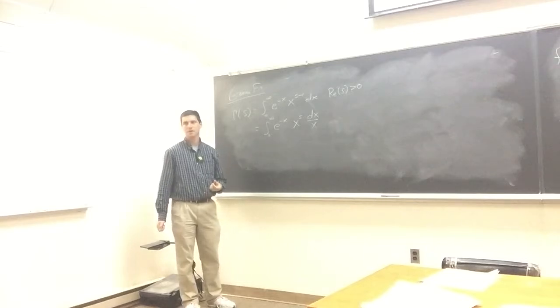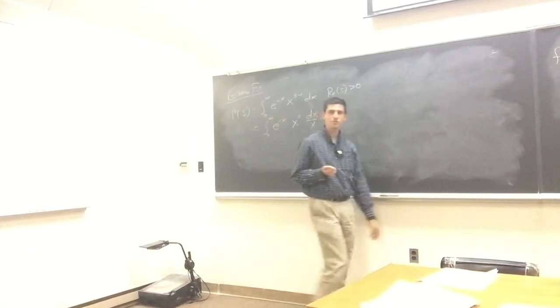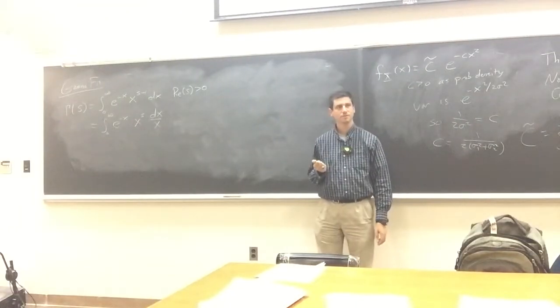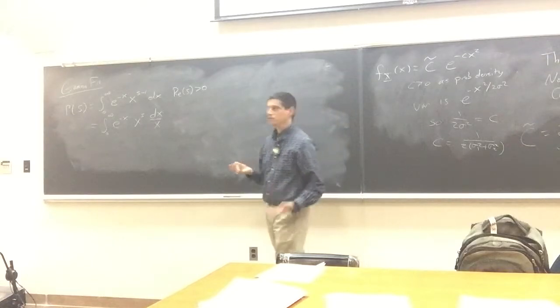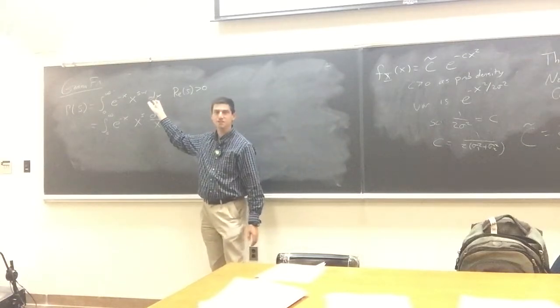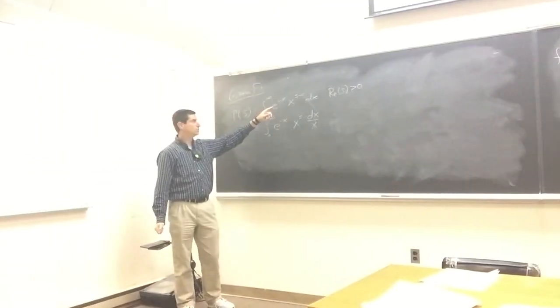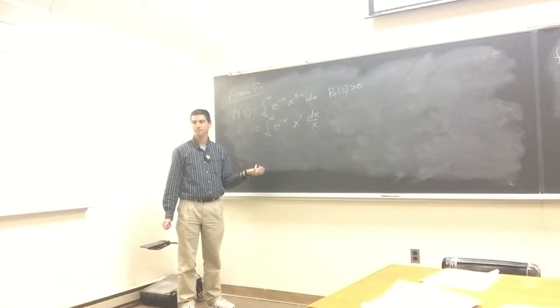Now, whenever you have an integral that's improper, what's the first thing you should think about? Does it converge? There are really two dangerous places: the first is what happens as x gets close to 0, and the second is what happens as x goes to infinity.